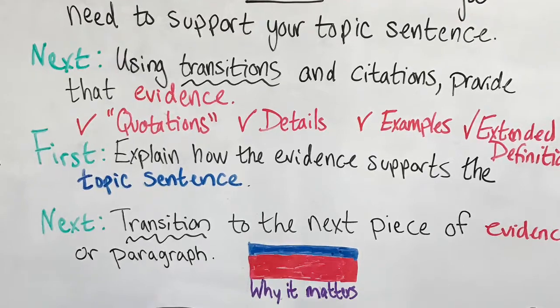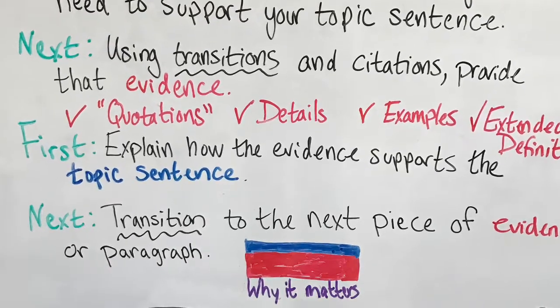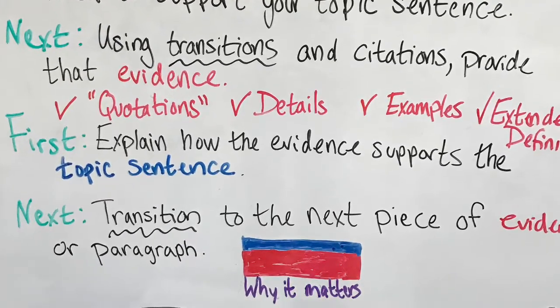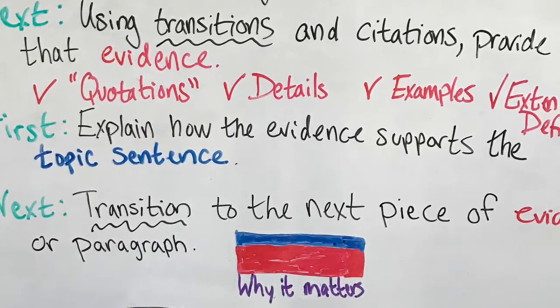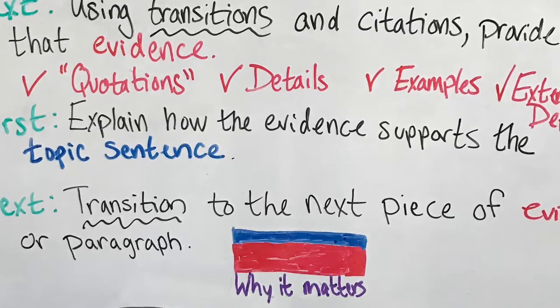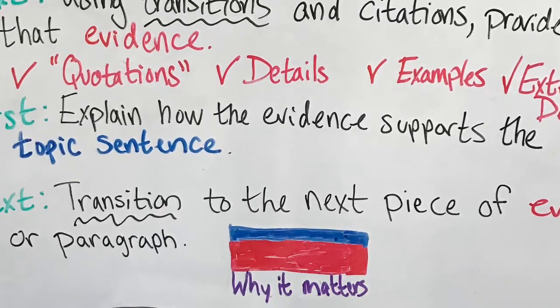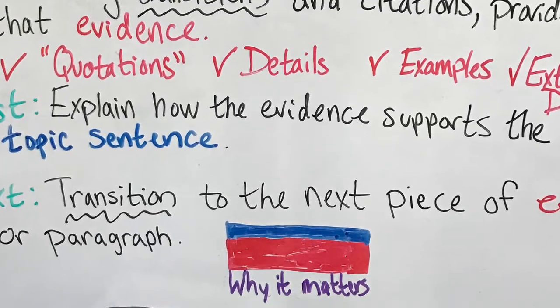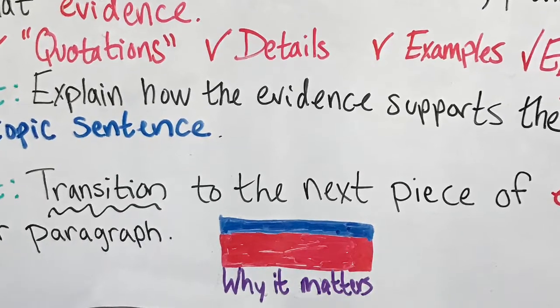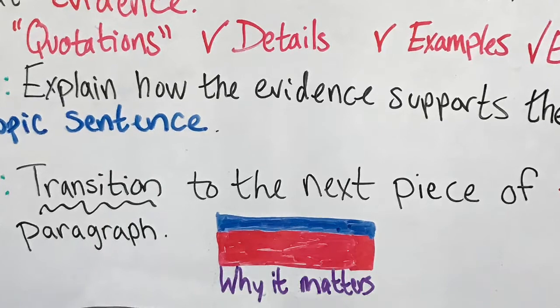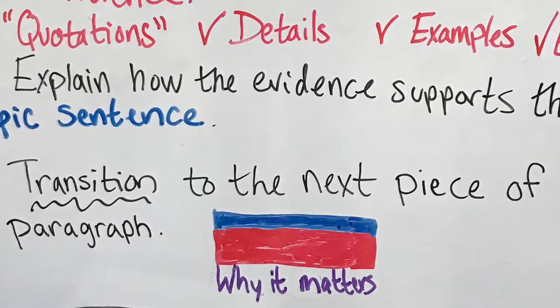In a well-developed paragraph, you would ideally have multiple pieces of evidence to support your topic sentence. Or you may be at the end, so you may be transitioning to the next paragraph, which is an entirely different research question or analysis question or whatever. Something like, another example of, or this only covers one aspect, another aspect might be.